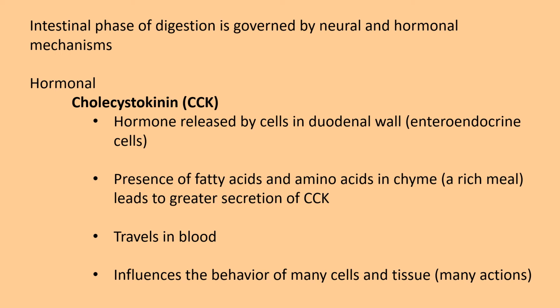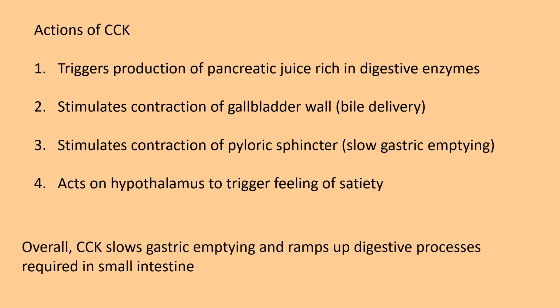Fatty acids are part of triglycerides, and then amino acids are part of proteins. So cholecystokinin is secreted to a much greater degree if we've eaten a fat-rich, protein-rich meal versus, say, a carbohydrate-rich meal. And so cholecystokinin, it is a circulating hormone, and it can affect the behavior of several different tissue types.